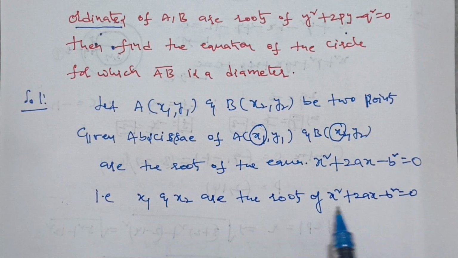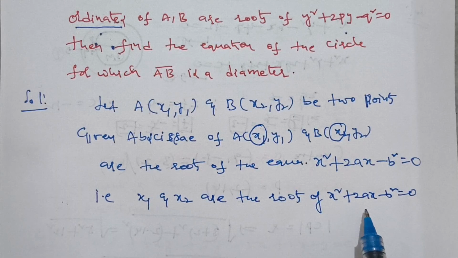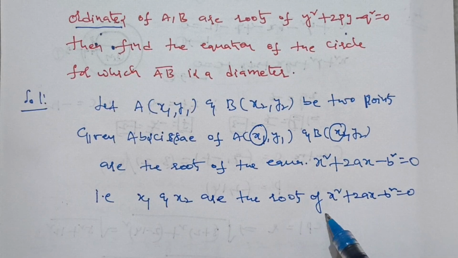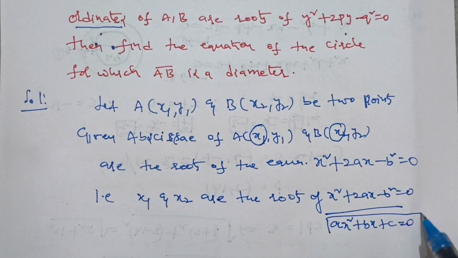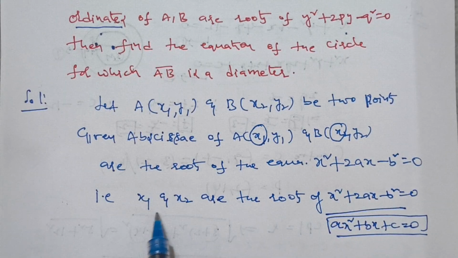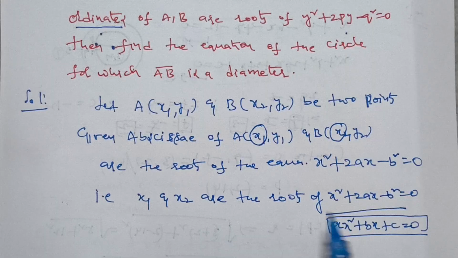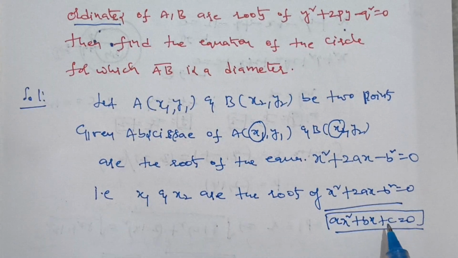If x1 and x2 are the roots of a quadratic equation, it is of the form ax square plus bx plus c equals 0.